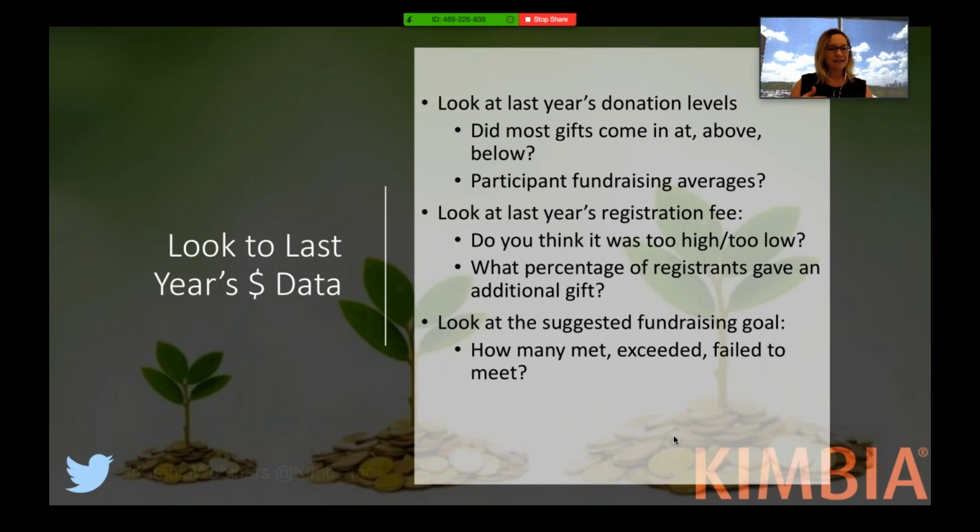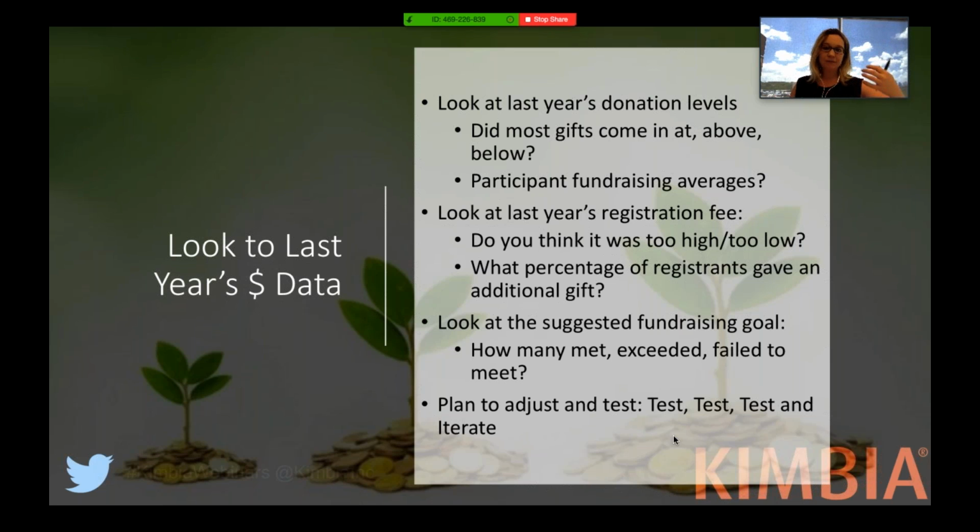Because if the goal is not set appropriately in front of the people you're trying to get to raise that money, maybe it's too lofty, maybe it's too low. And if you feel like the average amount raised was far off of that goal, then that might be an indication that you should adjust something for this year.